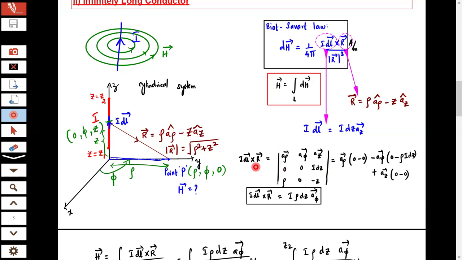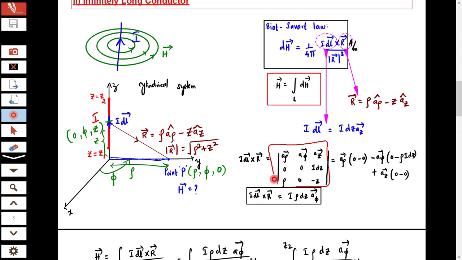The second row will be the components of the I dL vector. When you look at the I dL vector, it has only a z component, so rho and phi are 0 and the z component is I dz. Then the third row will be for the vector R. The R vector has rho component as rho, phi component 0, and z component minus z.